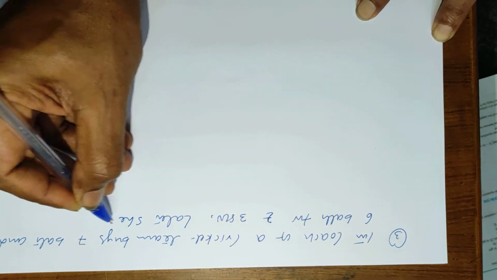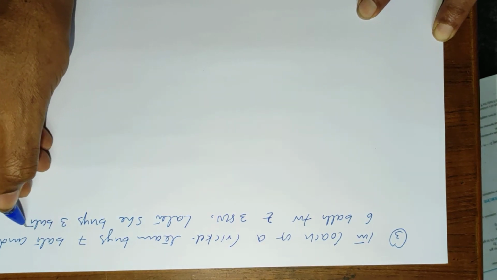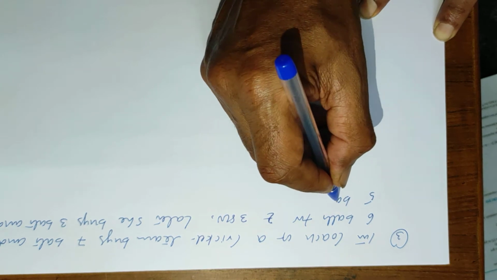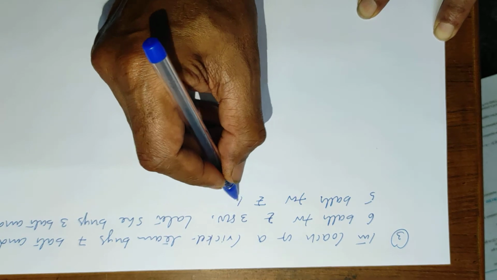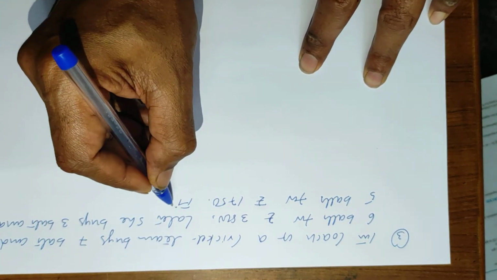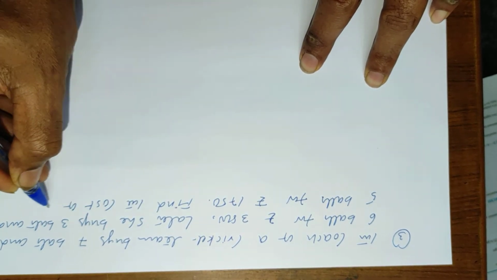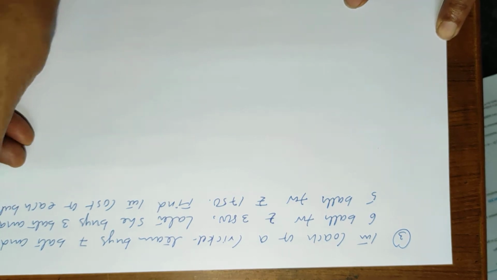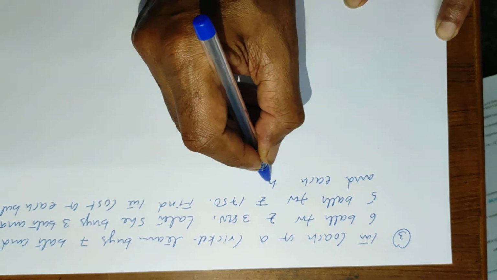Later, she buys 3 bats and 5 balls for rupees 1,750. Find the cost of each bat and each ball.